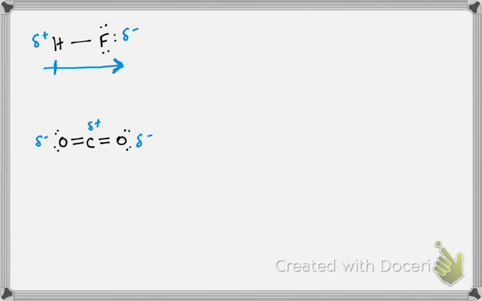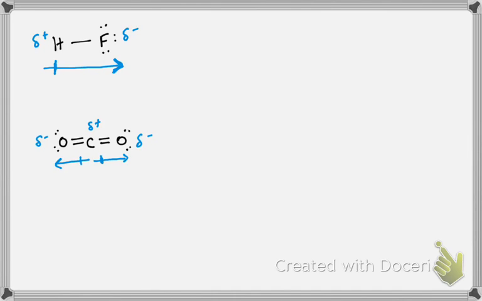So because it's more electronegative, we're going to have a partial negative on the oxygens and a partial positive on the carbons. And so what this does is generates a bond dipole going in this direction, but also an equal and opposite bond dipole going to the left. And so in physics, if you have 2 forces that are essentially opposing each other in different directions, the net force is going to be 0, if they have the same magnitude.